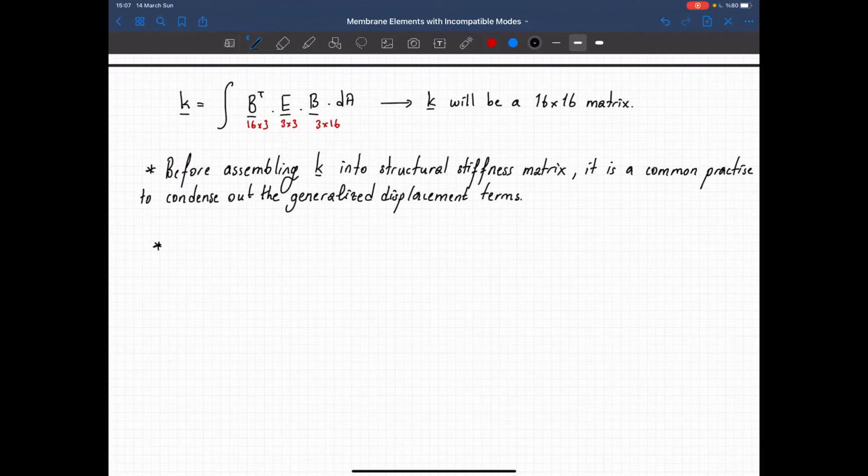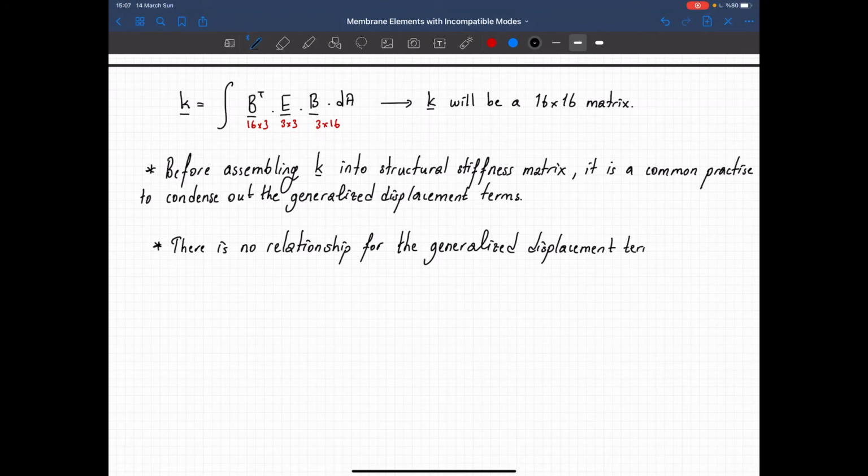So there is no rule or relationship for the generalized displacement terms of different elements.